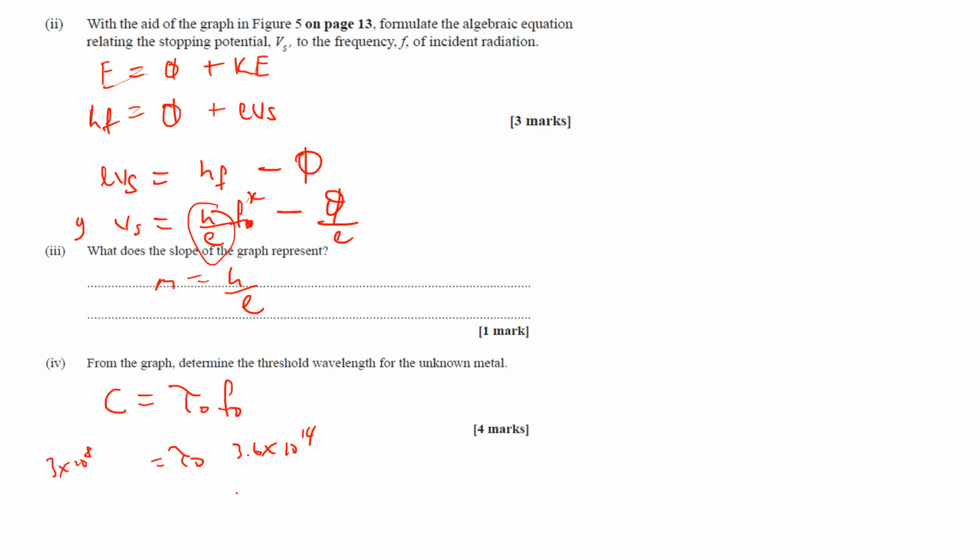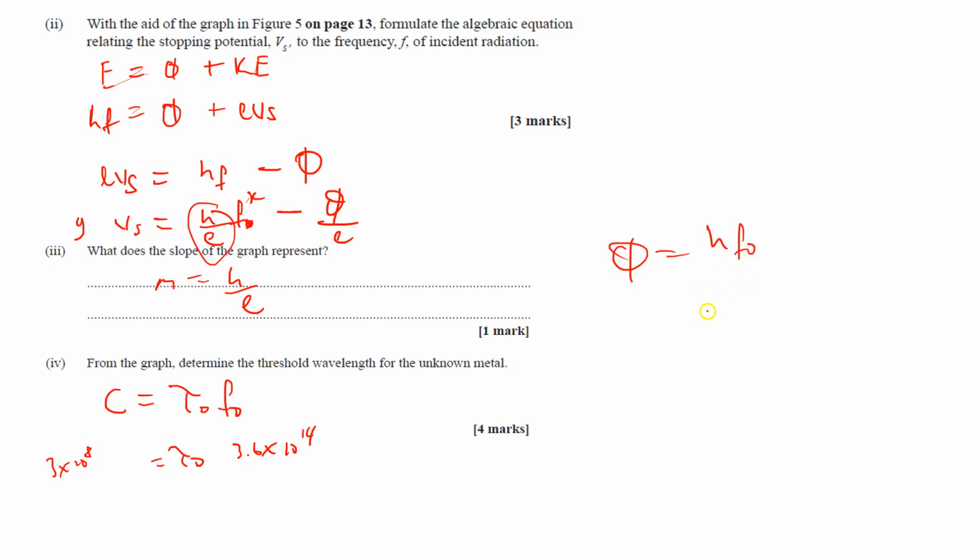I'm trying to see if it values 4 marks that we're doing here. We don't know the work function, right? We could find the work function, but at the end of the day, it probably should give us back the same answer, because work function, as you can imagine, is equal to h times f naught. We can find f naught, right?